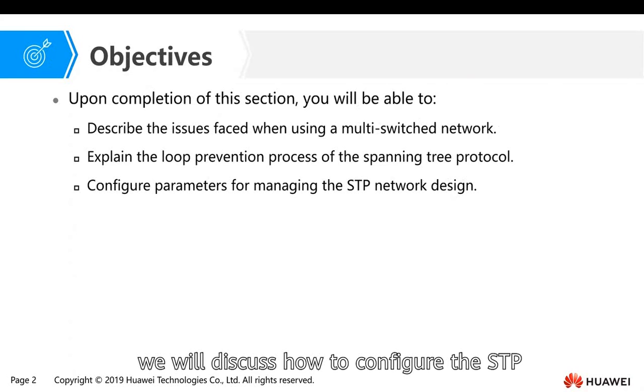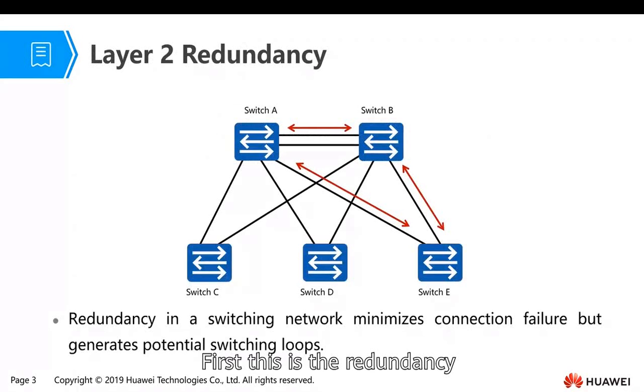First, this is redundancy. If we only connect one link between different switches, that's without redundancy. If this link is broken, then switch C is disconnected from the rest of the network. This is unreliable.